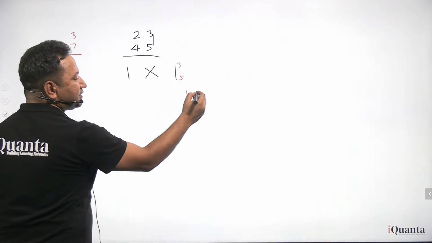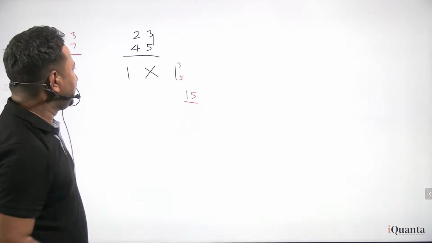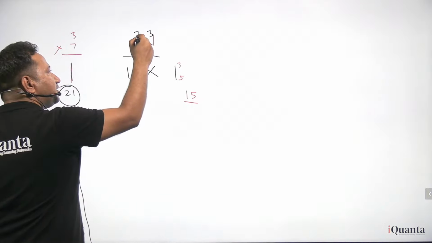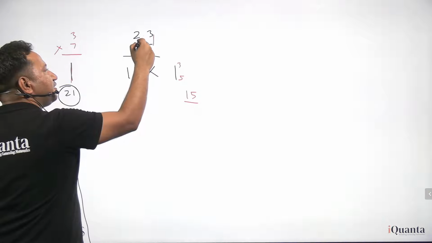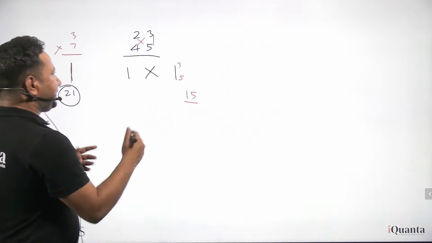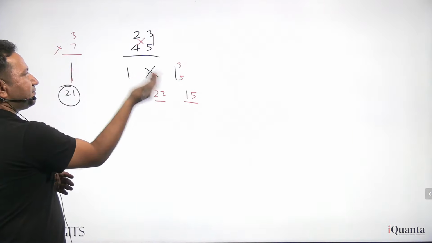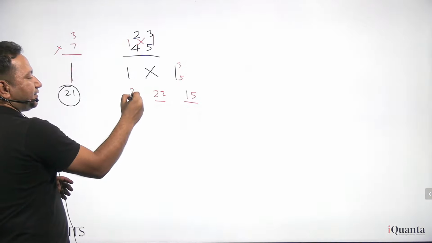This 3 and this 5. We get 15. Just write 15. Put an underline to it. All right. For this cross, 2 5s are 10, 4 3s are 12. 10 plus 12, we get 22. Just write that, put an underline. And this one from the leftmost, 2 4s are 8.